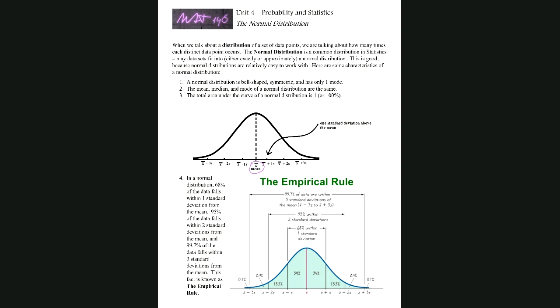Think about this curve as if I had a histogram, then I could just draw this curve over the tops of the histogram, and that would provide the normal curve for the normal distribution.